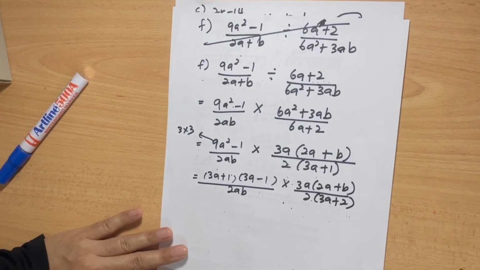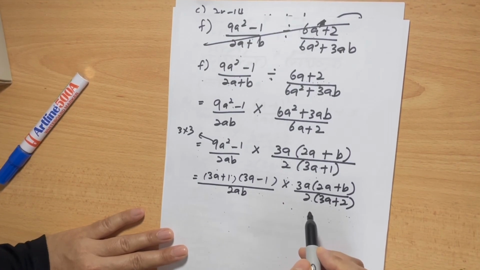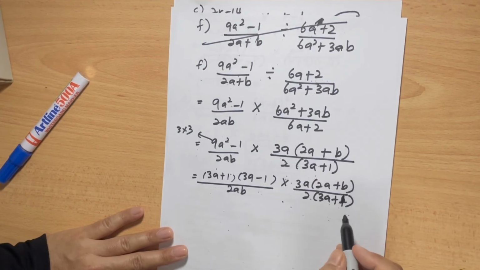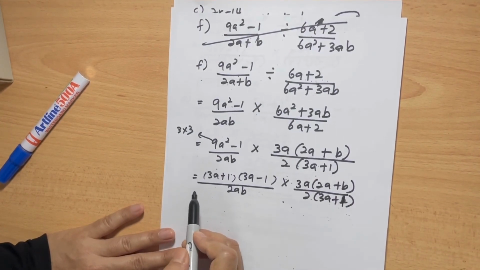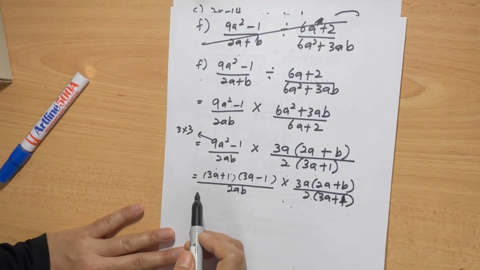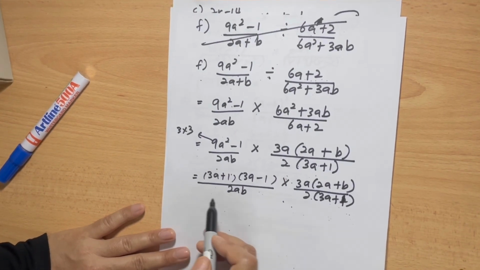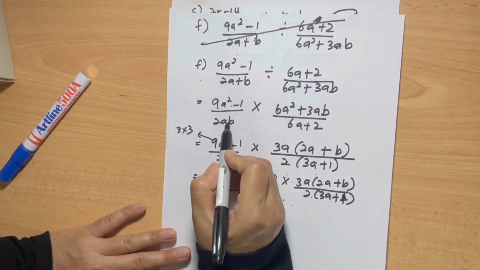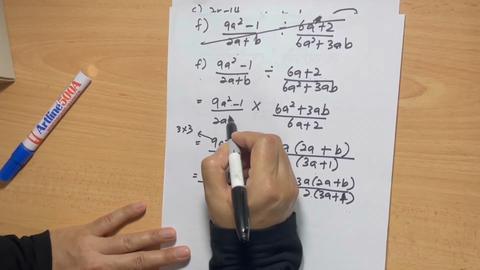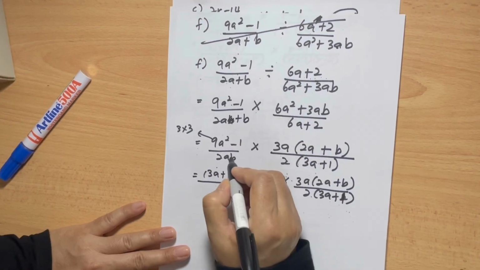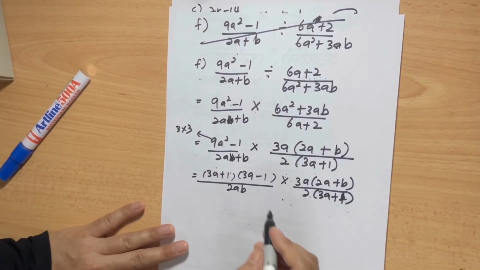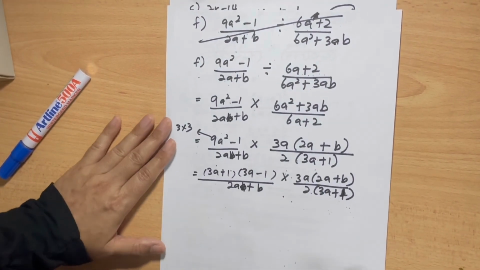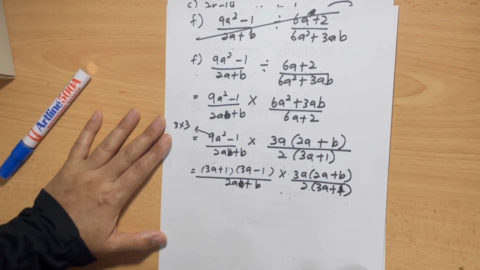Now we can do the cuttings. Anything that we can cut here. 2A plus B, 2A plus B. Now we can do the cuttings.